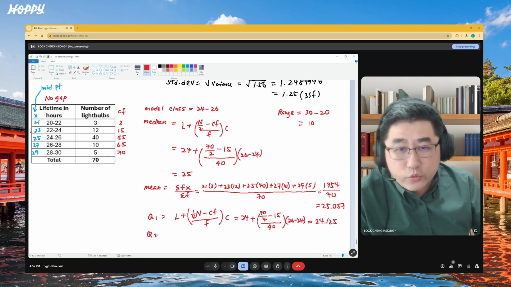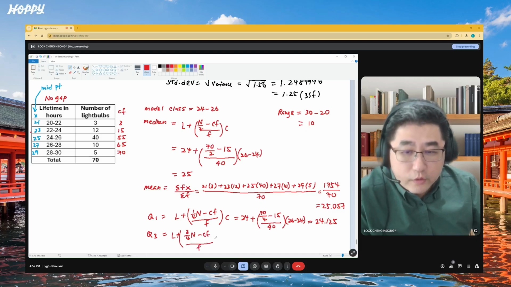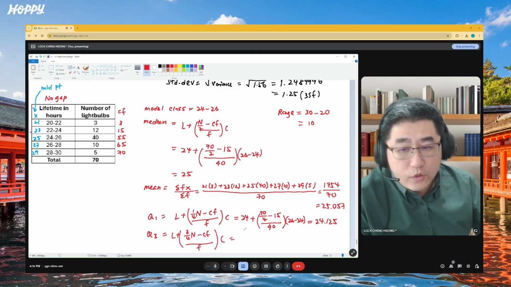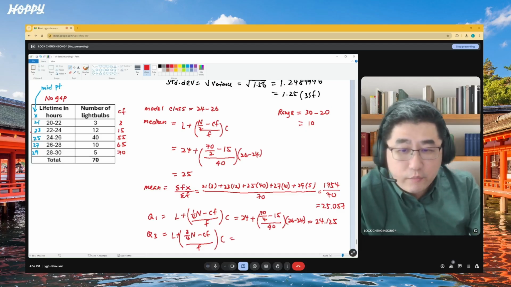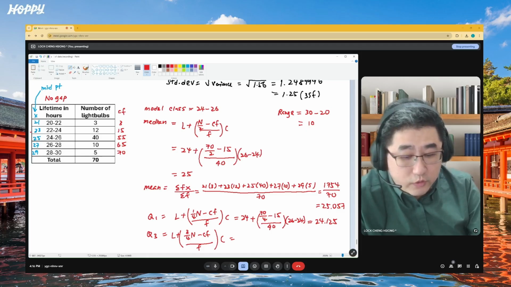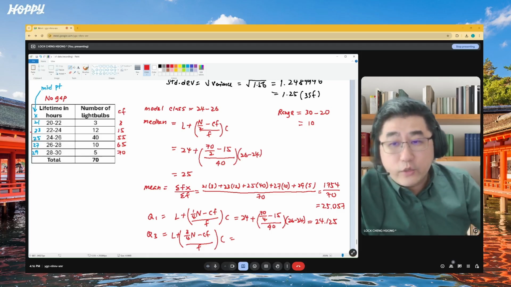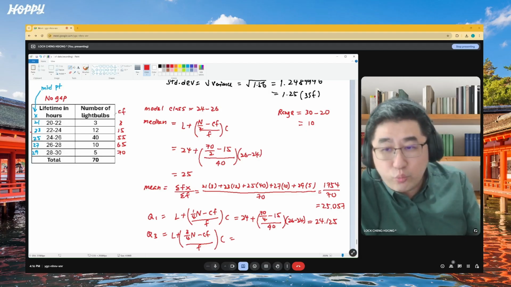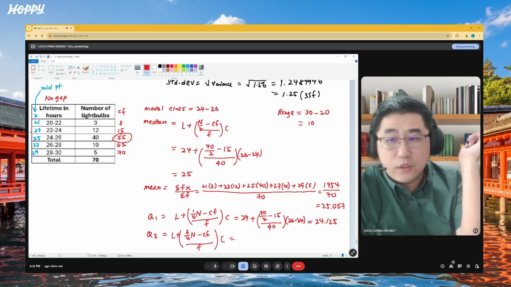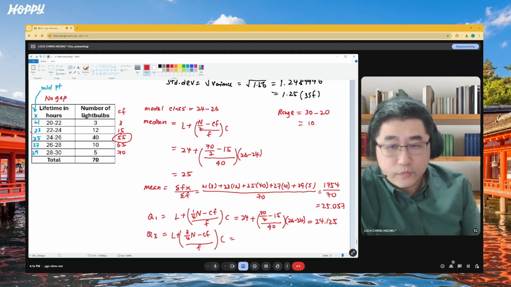Then I need my Q3. Q3, again, L plus 3 over 4n minus CF over F times C. This time it is 3/4 of the 70, so 70 times 3 divided by 4, I will get 52.5. Where exactly is 52.5? It falls under this group again.